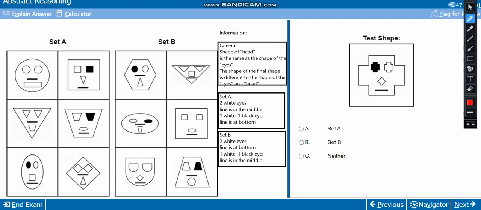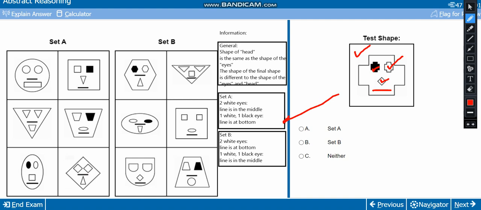And in this test shape, we see we have a plus head, and the two eyes are also pluses, and the final shape is not a plus. And we see we have one black eye and one white eye, and the line is at the bottom.